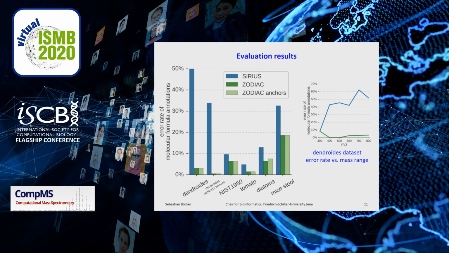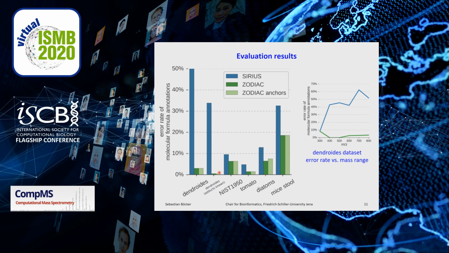So here are evaluation results again. We also tried something different, which is anchors, which are library hits, and that didn't improve much, so I'm not going to talk about that. You already saw the results. This one is noteworthy. We also have the problem that we have to assign adducts to each tandem MS, which means we don't know if it's protonated or if it's a sodiated ion.